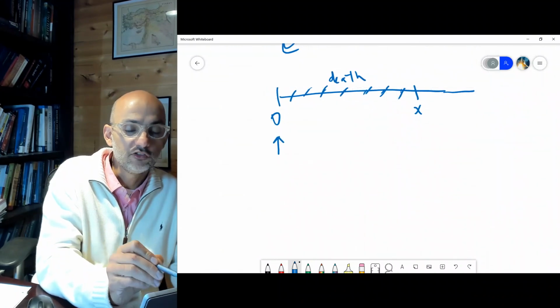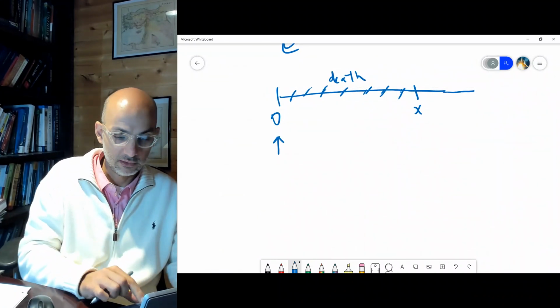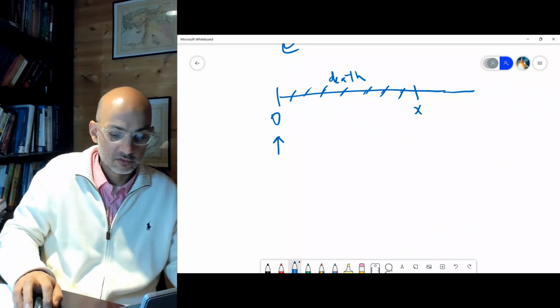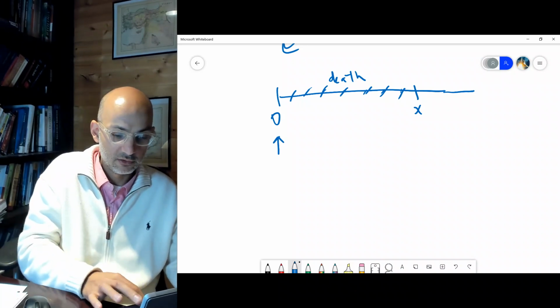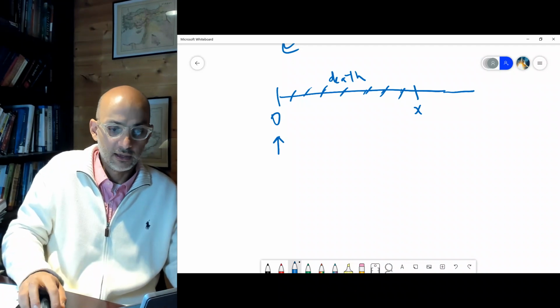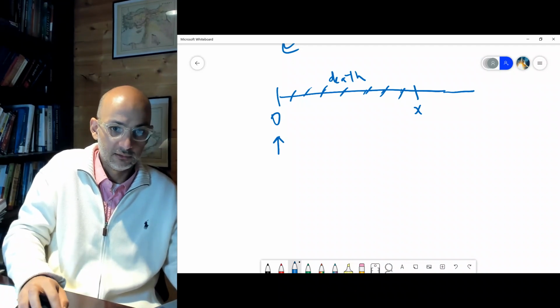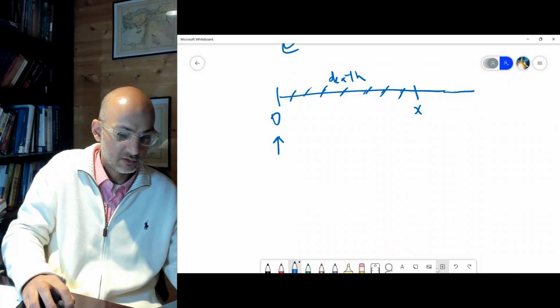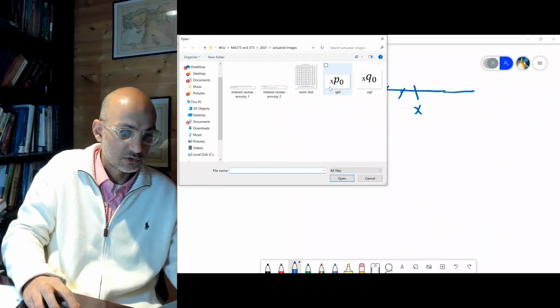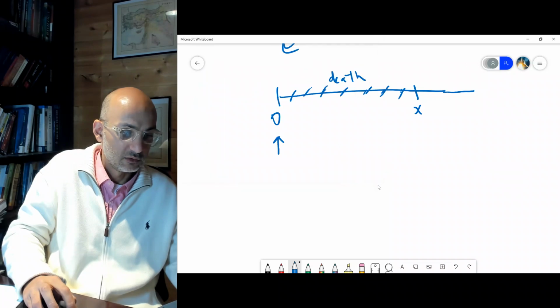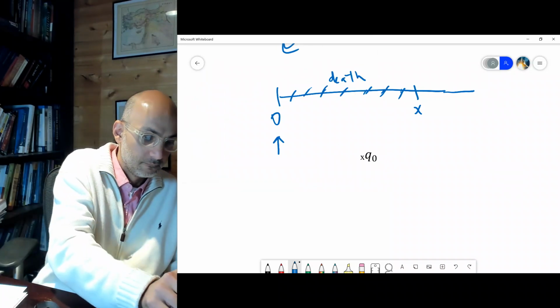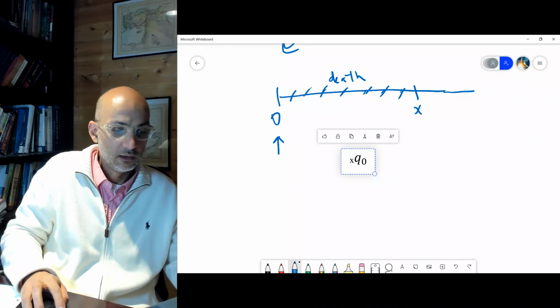So in actuarial notation, let me first see how it is written, and let me insert an image here just to make sure that you get it correctly. What does it look like? Okay. Do you see it?